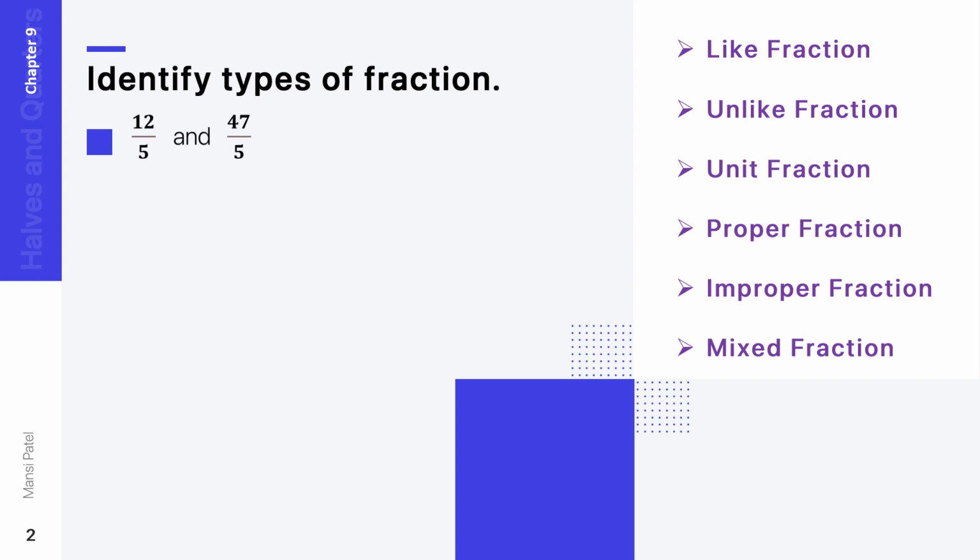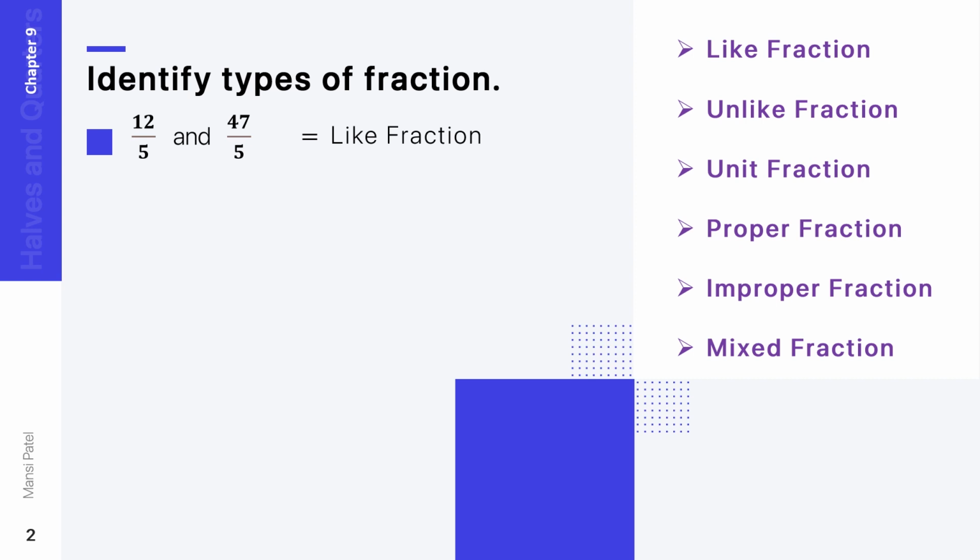So see here, your first question is 12 upon 5 and 47 upon 5. See here, first the denominator. In both, the denominators are same. When the denominators are same, that fraction is known as like fraction.